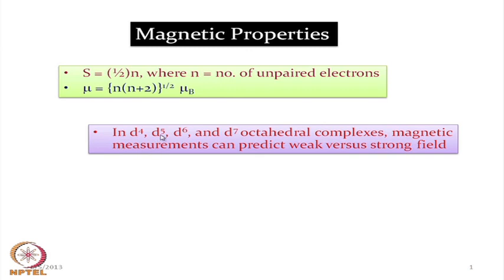Similarly, in case of several iron compounds, we have seen that there is a spin state equilibrium, and that spin state equilibrium is also very much temperature dependent. At a particular temperature, a system can go from a low spin case to a high spin case.